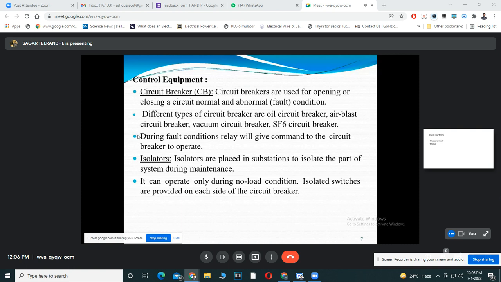During fault conditions, the relay in connection with the circuit breaker senses the fault and sends a trigger to the circuit breaker, due to which the circuit breaker operates. In the SF6 circuit breaker, we use sulfur hexafluoride gas, which is a highly electronegative gas.